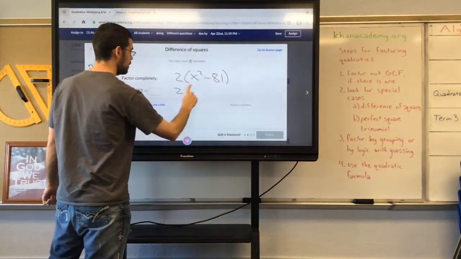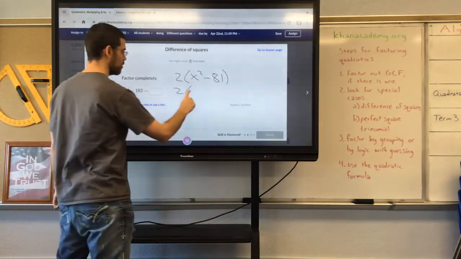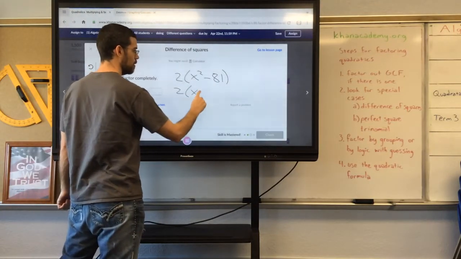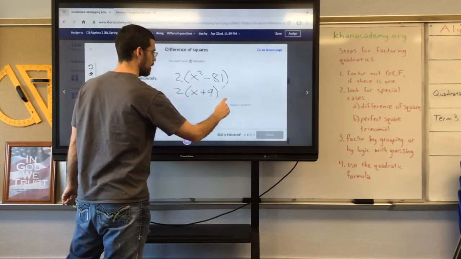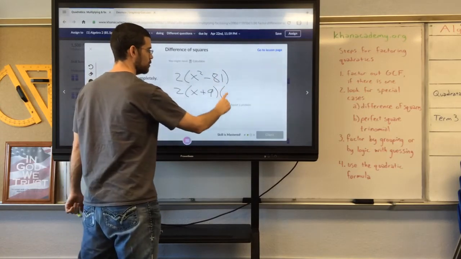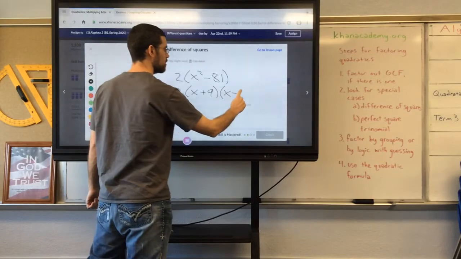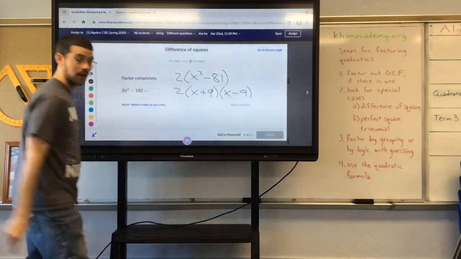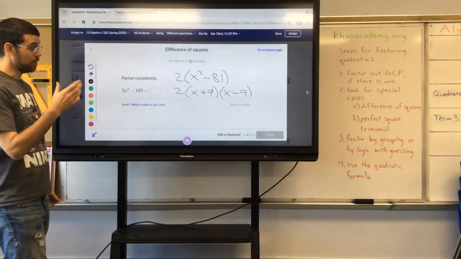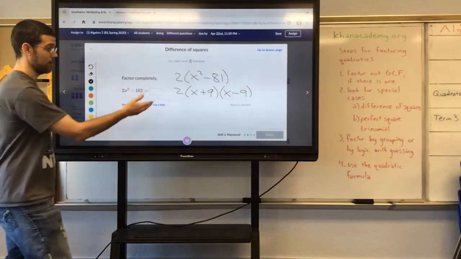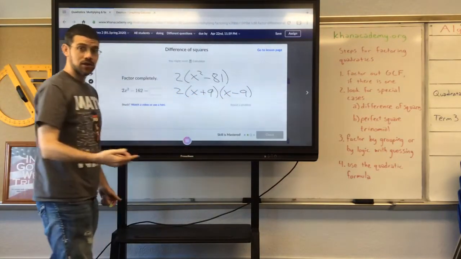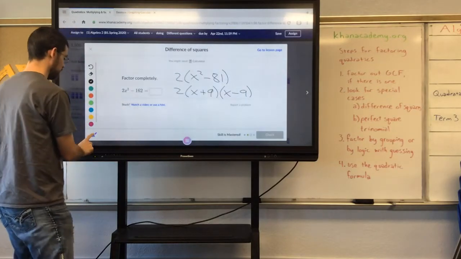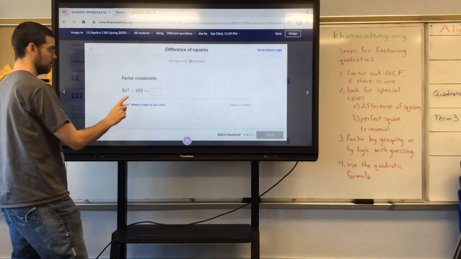This will be 2 times the square root of the first term, x, plus the square root of the second term, 9, times the square root of the first term, x, minus the square root of the second term, 9, and we're good. This time, I really do want my variable first, and I want to subtract the constant. So, okay, in our second factor.